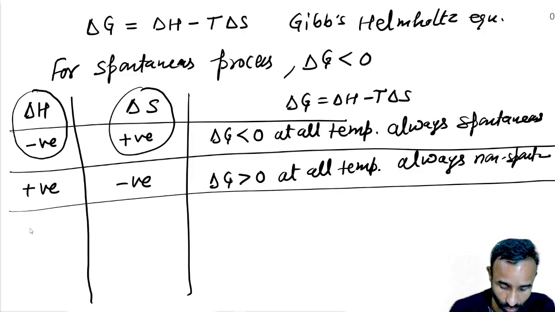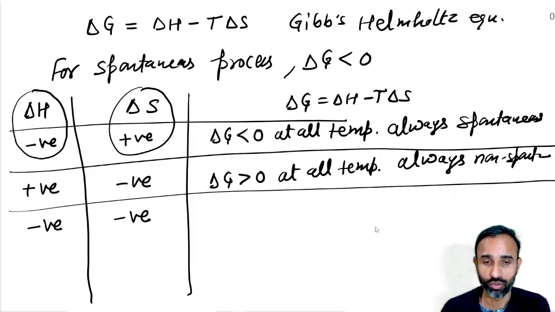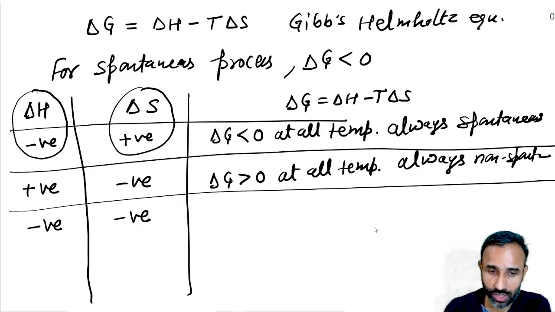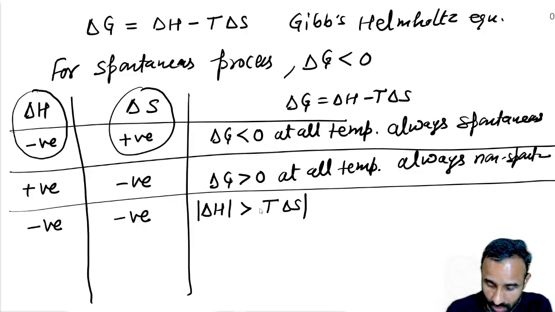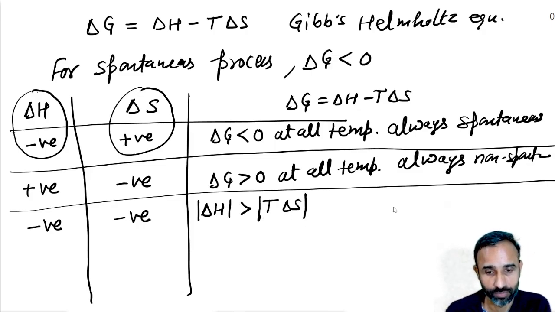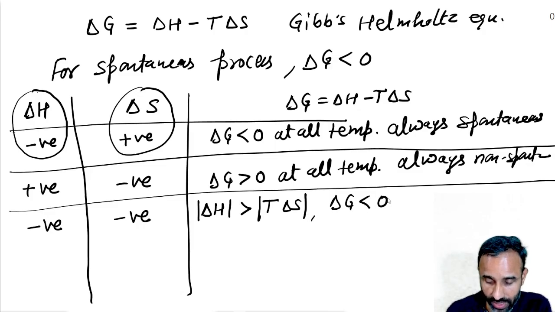Then we come to the case where one factor is in favor and the other factor is against. Here enthalpy is favoring the process and entropy is against. In such a case, if the magnitude of delta H is greater than T delta S, then delta G is less than 0.